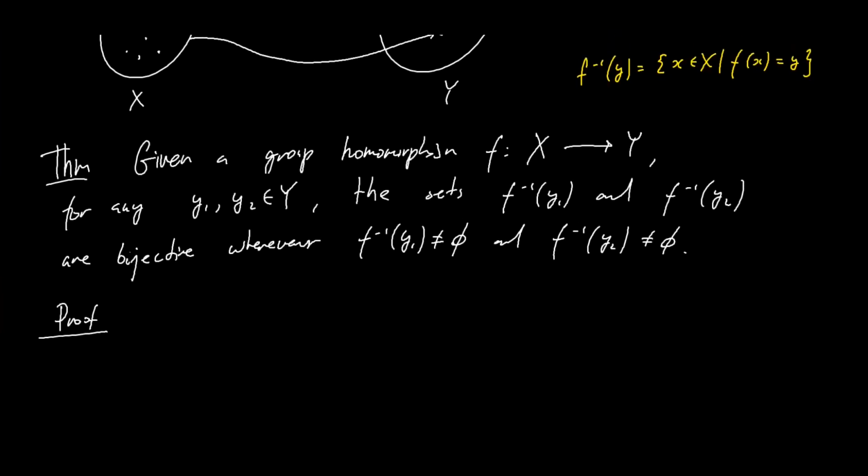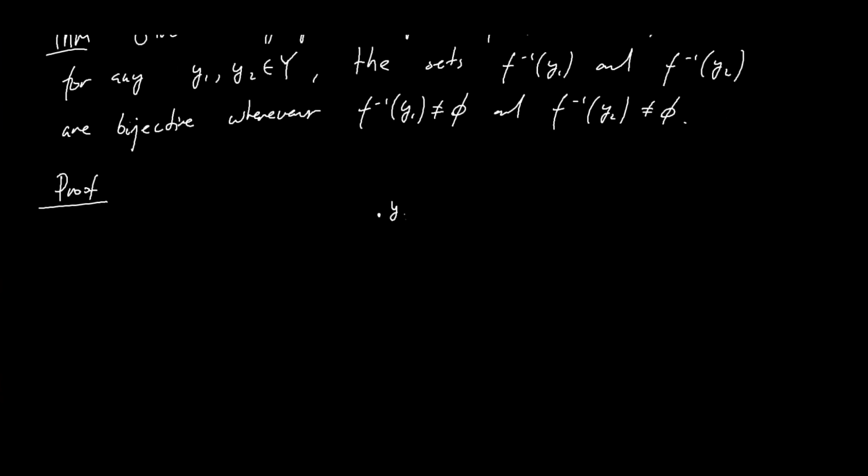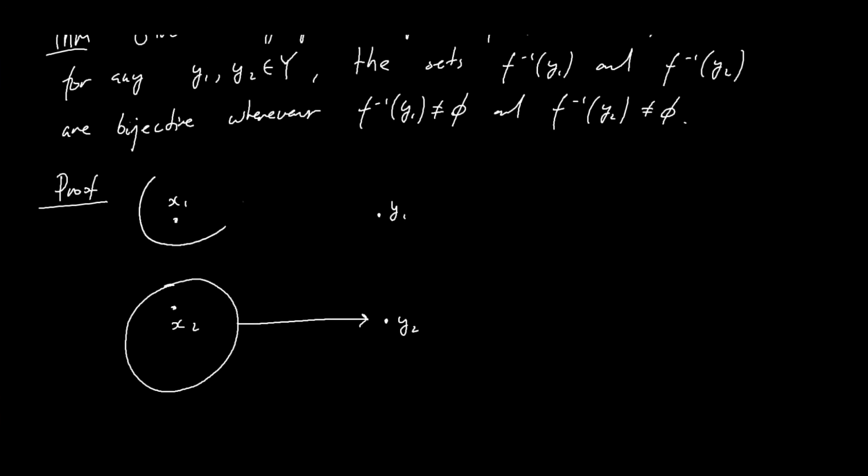Okay, so how do we prove something like this? We have two elements, Y1 and Y2. We know we have something mapping to them, X1 and X2. But now we want a bijection between the entire set of everything mapping to Y2 and everything mapping to Y1. We want to find a way of transporting back and forth between these sets in a bijective way. Any ideas?